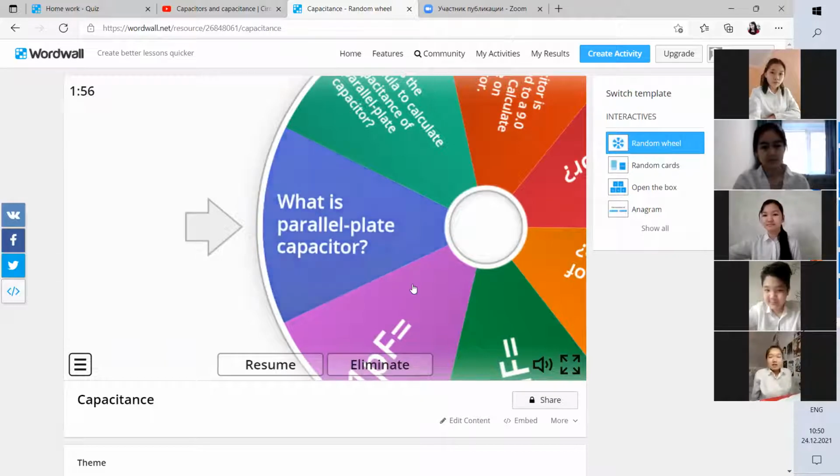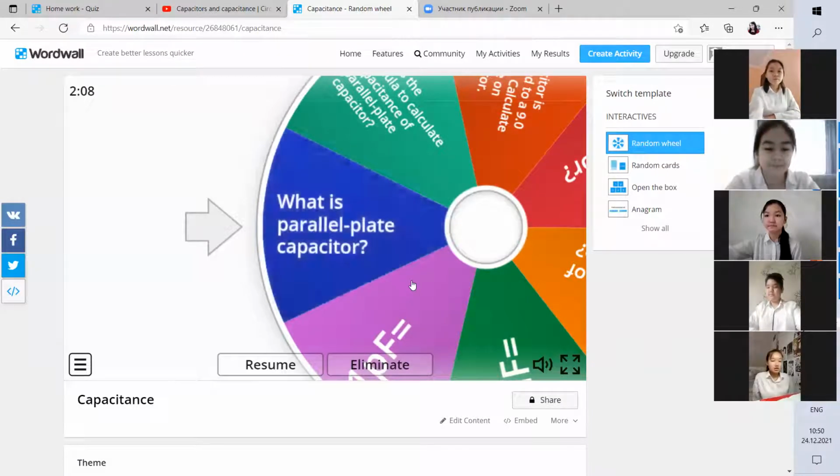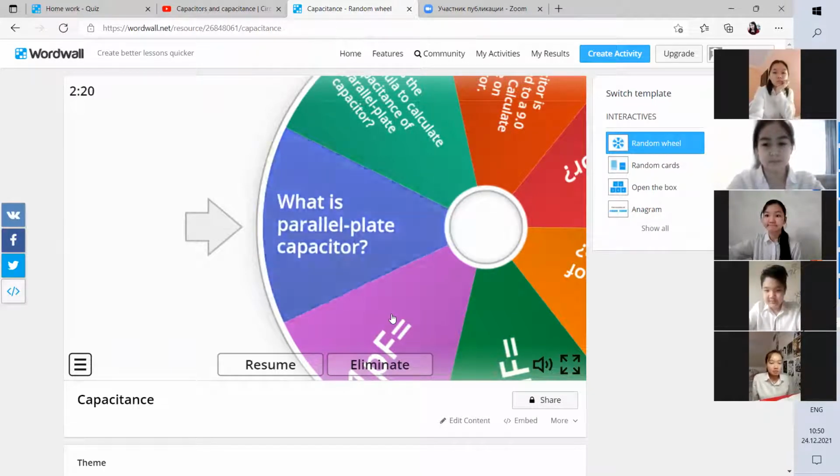A capacitor is a device for storing electrical charge. It consists of two conductors close to each other, but not touching. A typical flat capacitor is a pair of parallel plates of area A separated by a small gap. Okay.